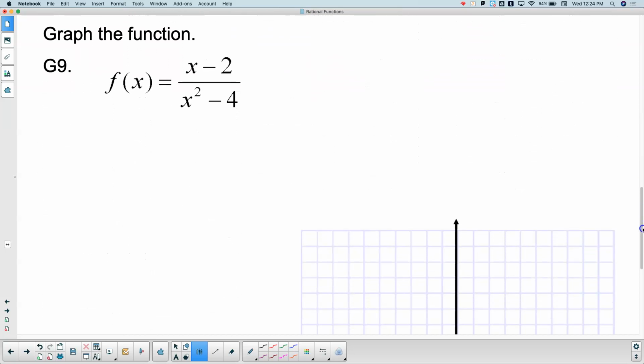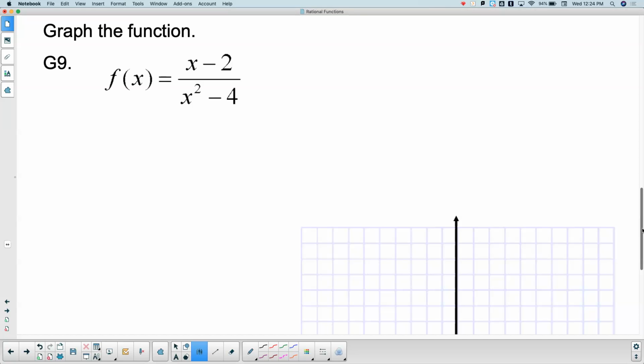Okay? So here is the function that I would like to graph. F of x equals x minus 2 over x squared minus 4. It's all up here. Yep, always up here. Okay? Okay, how many people need pink sheets?